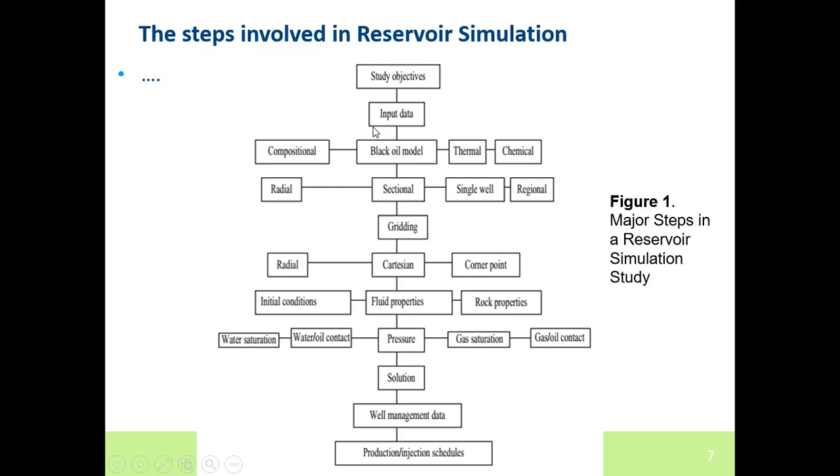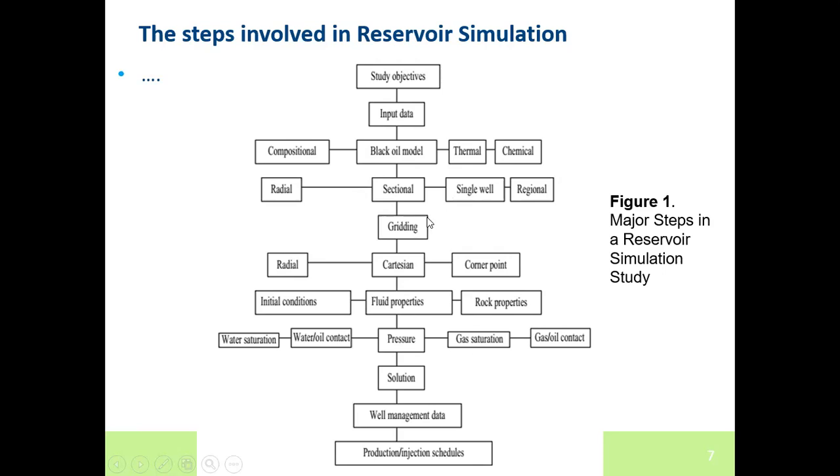And most of the time, you will need to import a geological model into the reservoir simulation environment. And then you determine the simulator type which is more suitable to your data, whether you're going to be using a traditional black oil model, a thermal system, chemical, or compositional, and then at this level, you're beginning to consider gridding.